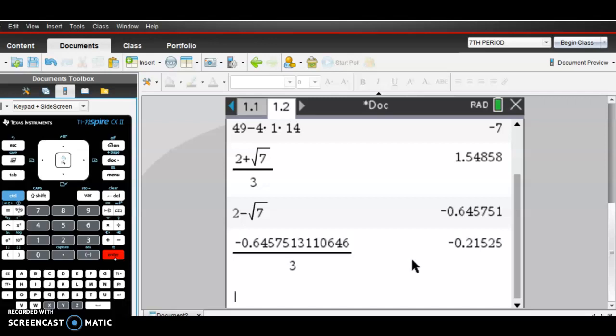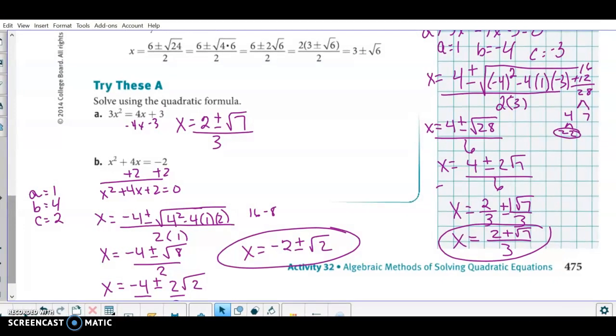Oh, I did something wrong. So let us see what happened. Plus 12. Did I have my signs right? Oh, again, the A. So again, I put 1 as the A, which messed up everything.